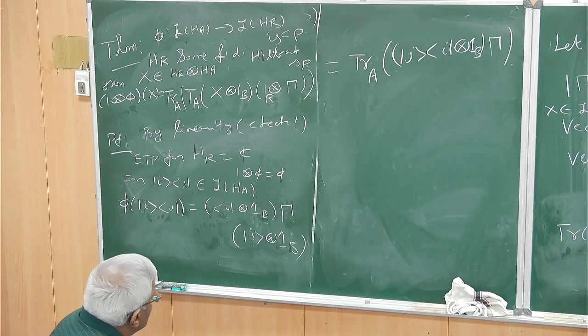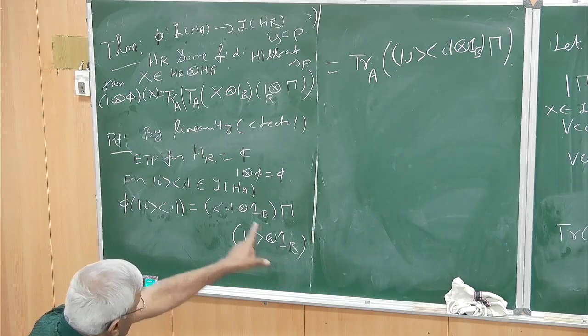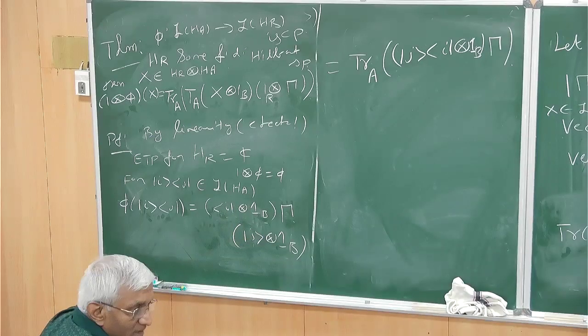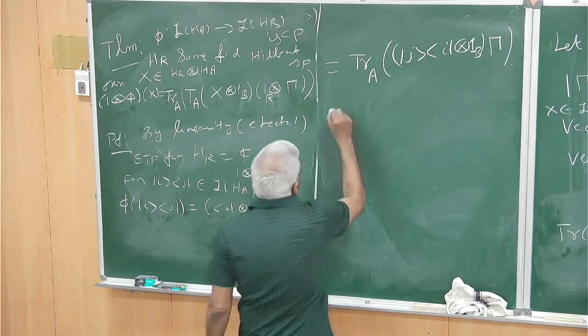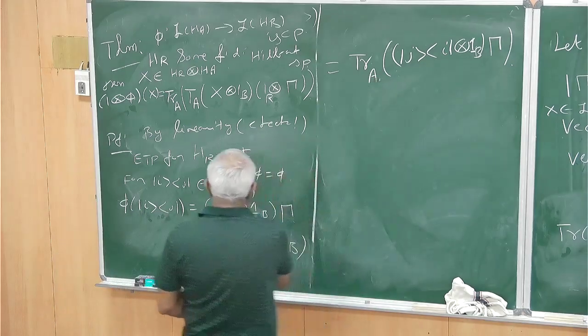If you just use that trace, you can write it as the summation of that. If you use that, it will follow. I want to prove that this is equal to this.